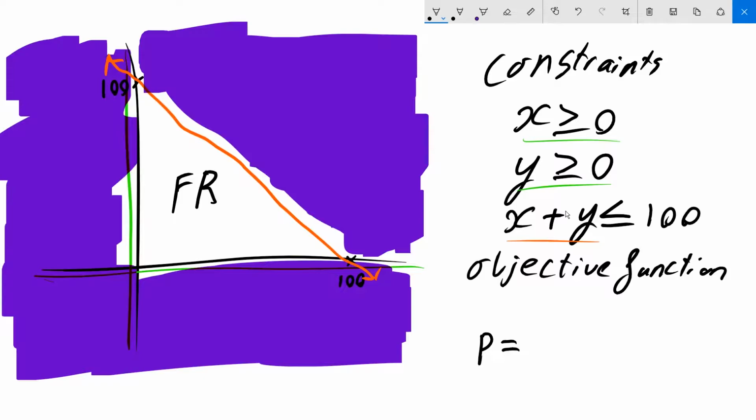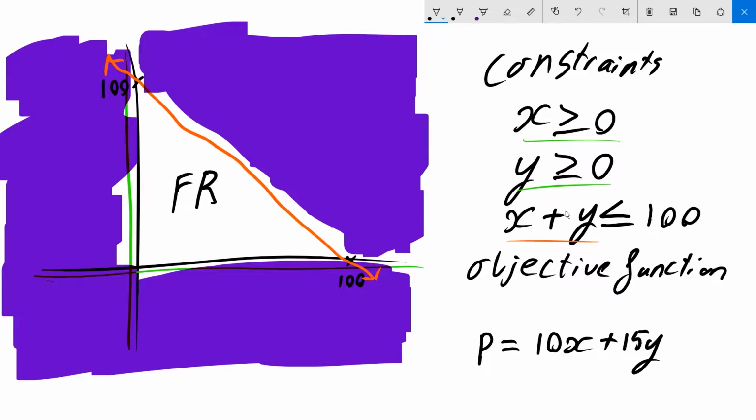So let's say type X paint costs $10, so we have 10X plus, and let's say Y costs $15, so we have 15Y.